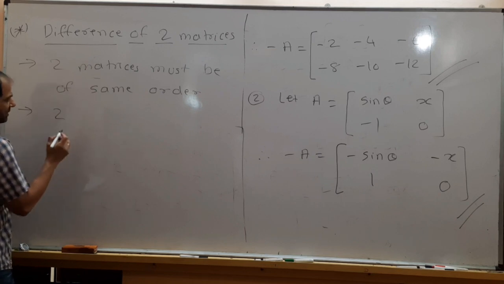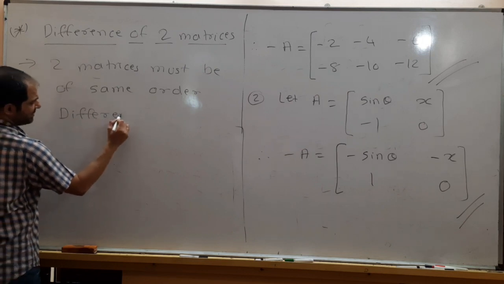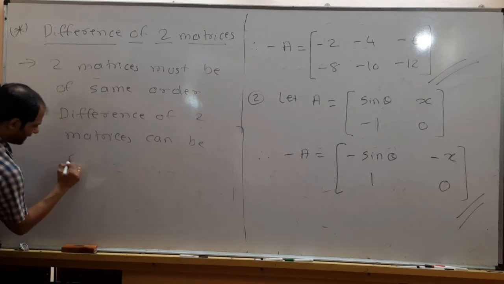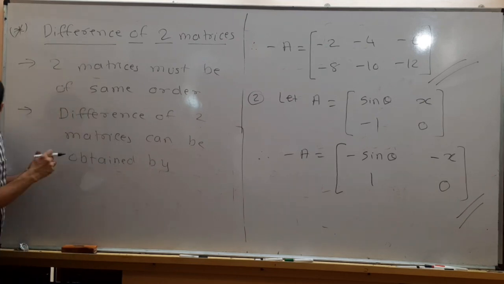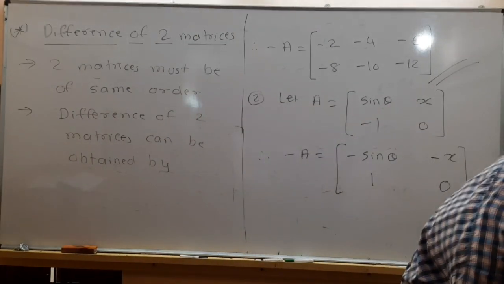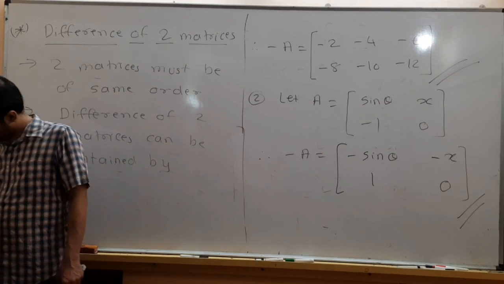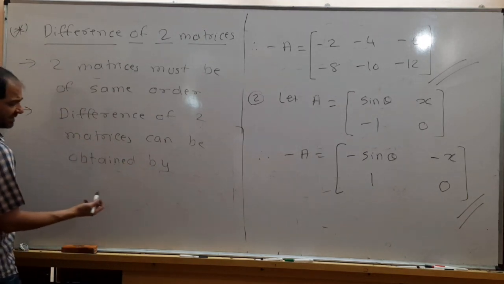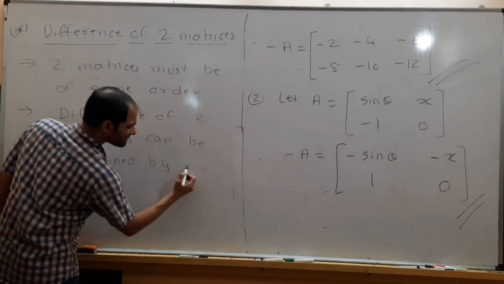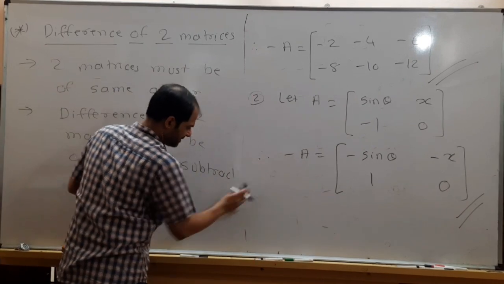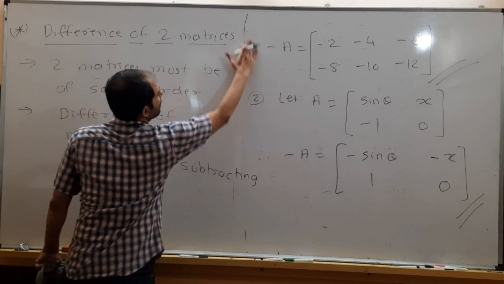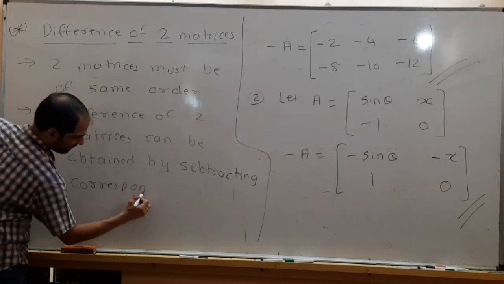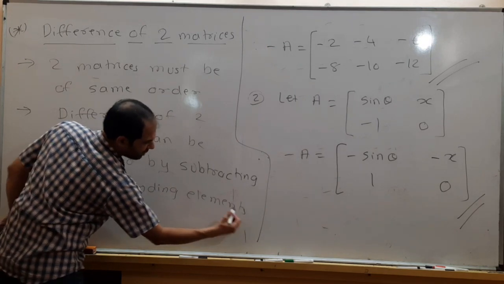And second point is, difference of two matrices can be obtained, in a simple word, by subtracting corresponding elements of two matrices.